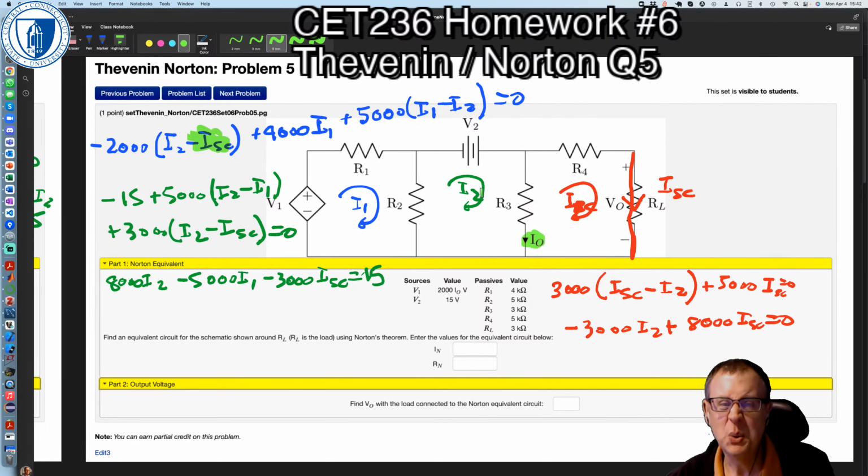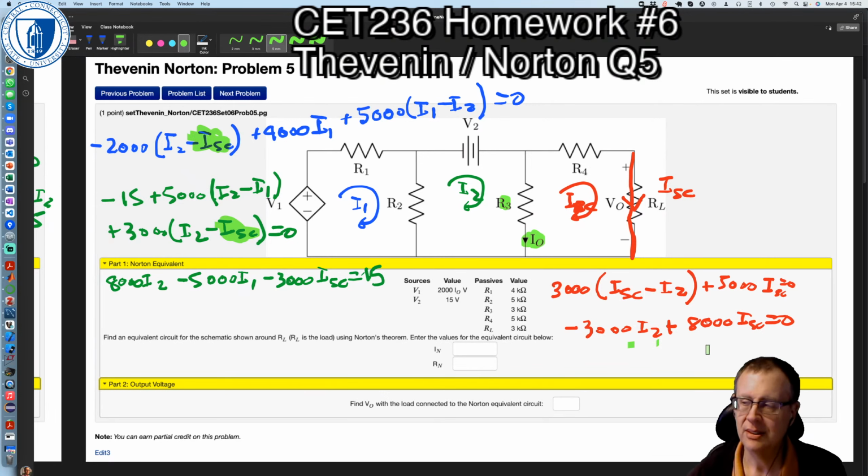And then I2 is pretty much the same, except again we're going to get an I2 minus ISC going through R3. And we didn't have this mesh before, but it's nothing more than the voltage across R3 plus the voltage across R4. And that ends up minus 3000 I2 plus 8000 ISC.